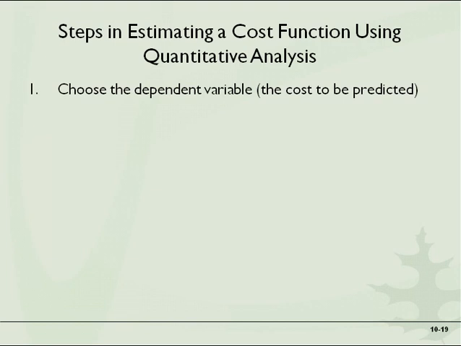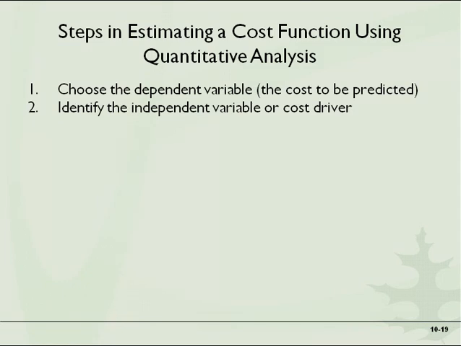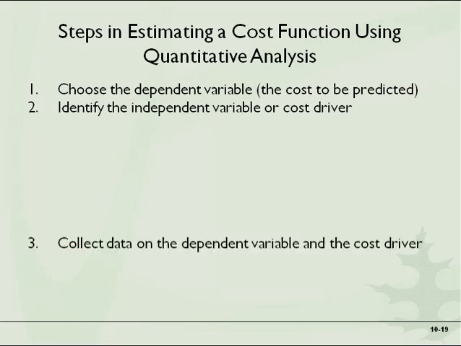Here's what you do. You choose the dependent variable, in other words, what is it that we're trying to predict. Then we identify an independent variable or cost driver. In other words, what level of activity can we use to help determine what our cost level will be if we can make an estimate of what the independent variable would be.